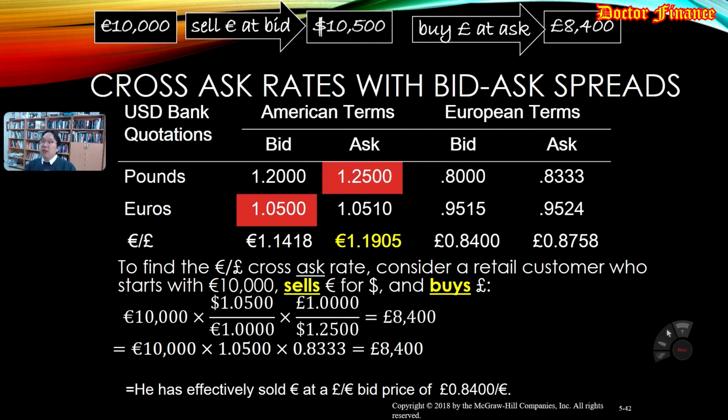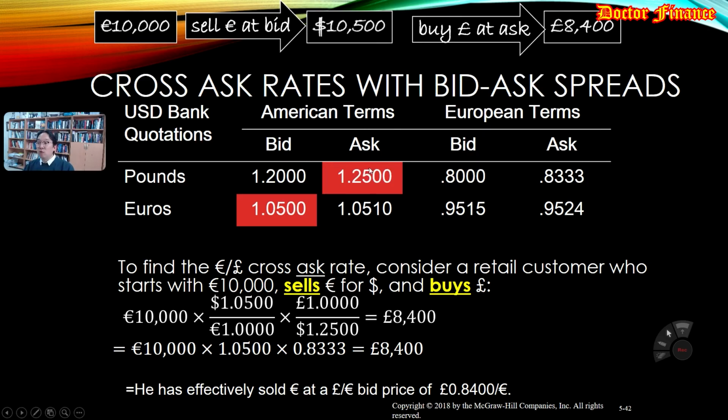So the dealer is selling British pound at this $1.25 per pound rate. So that's what's going on over here. And if you do the math, you start with 10,000 euro and then convert it into US dollars at this bid price, and then convert this US dollar into British pound at the ask price of pound, right?